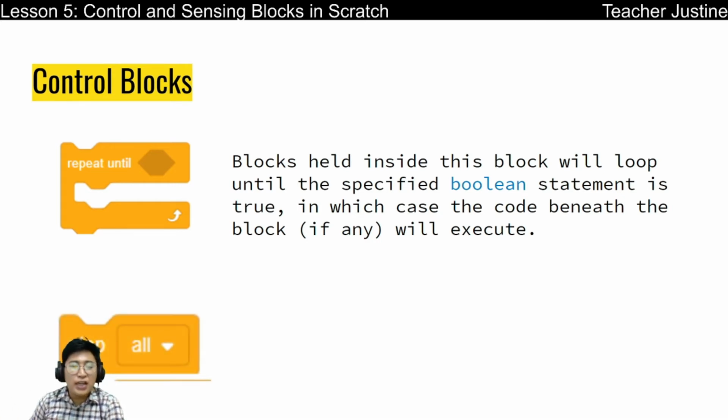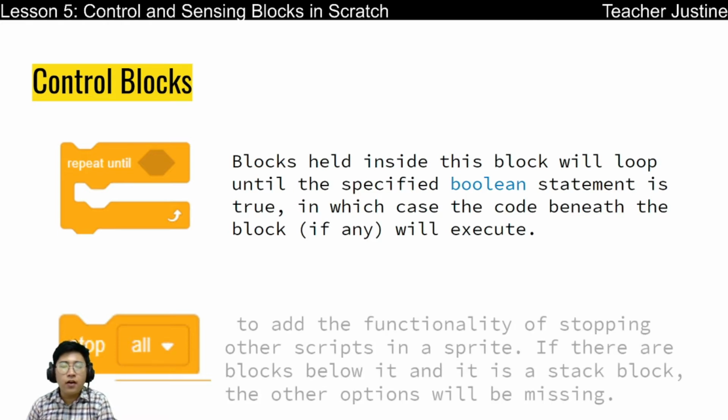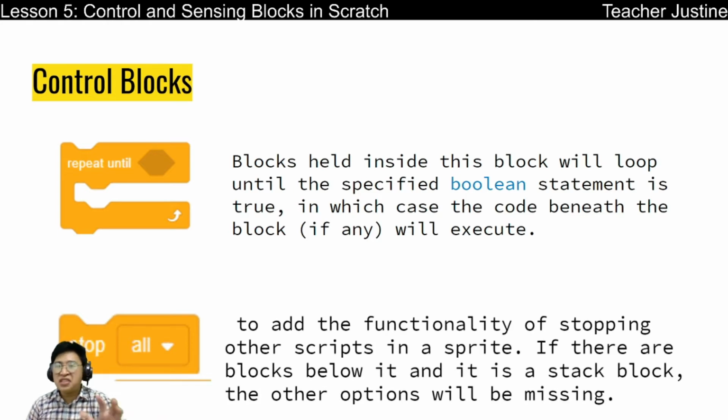The next is stop all. This is what I was saying earlier, guys. Earlier on forever, it will never stop, the looping never ends. But if you use this stop all, like put this stop all at the very end of the forever loop, then the forever loop will stop. So what does this code do?